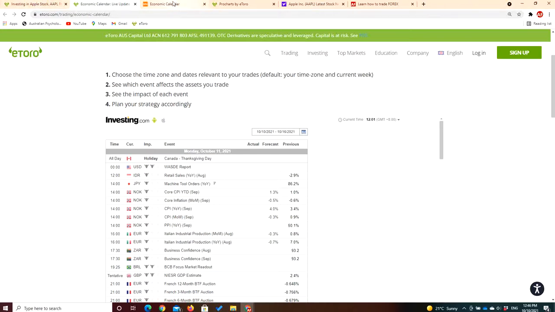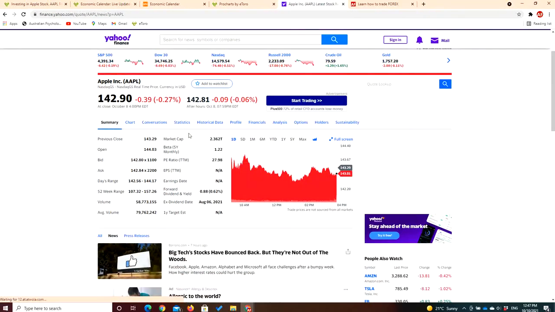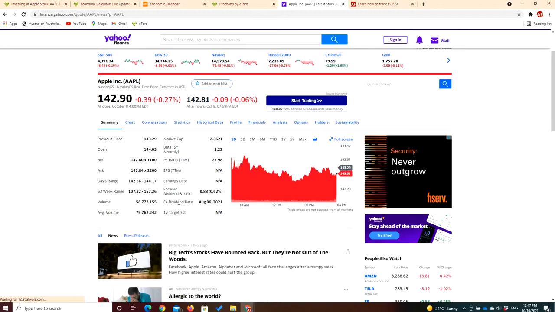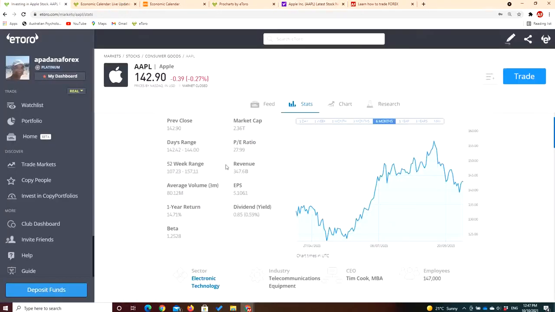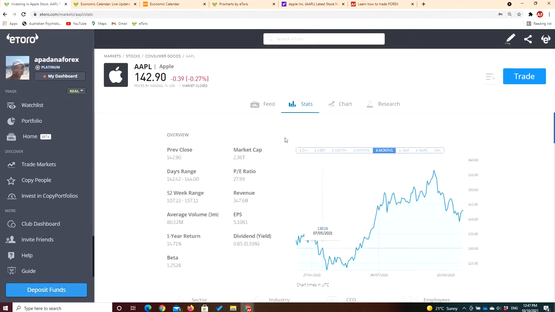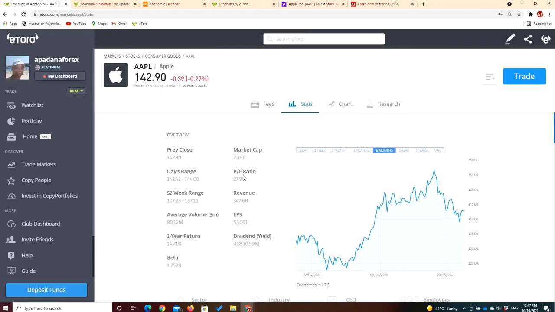Another way to look at the news, you should go and find it based on the basket that you have. For example, if you have Apple in your basket, just go and find the dates that they're going to release the information. So here on the eToro platform, if you go to any stock and go to stats, you can see previous close, PE ratio.